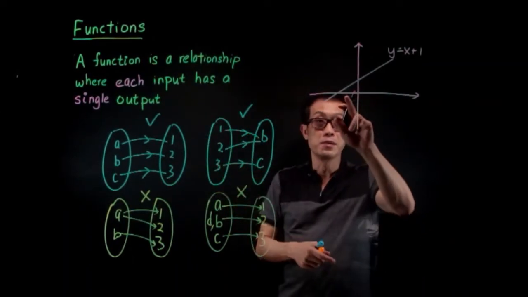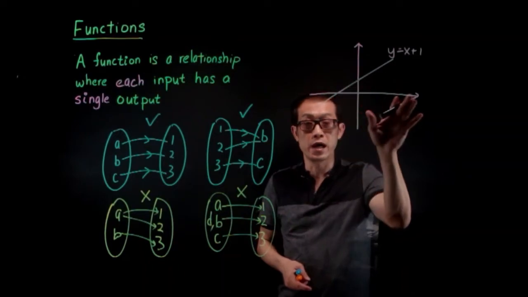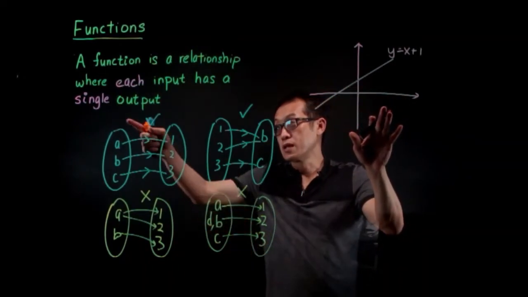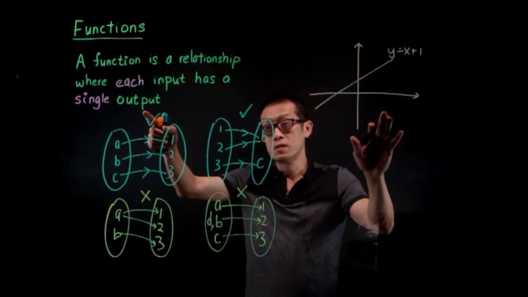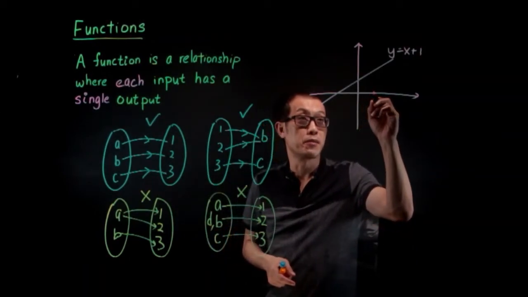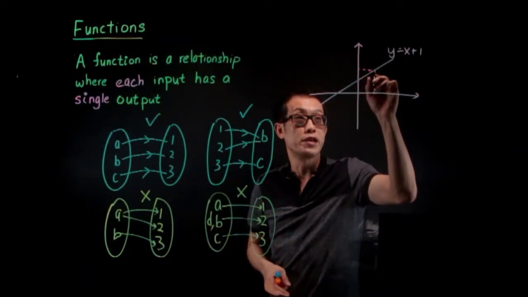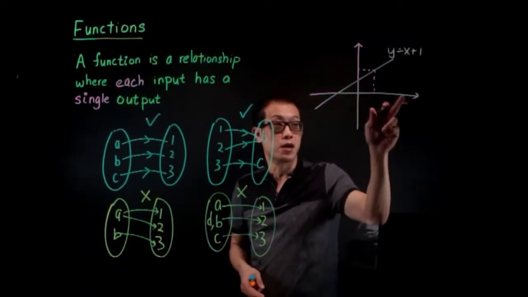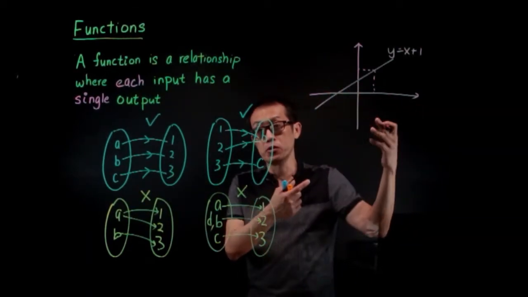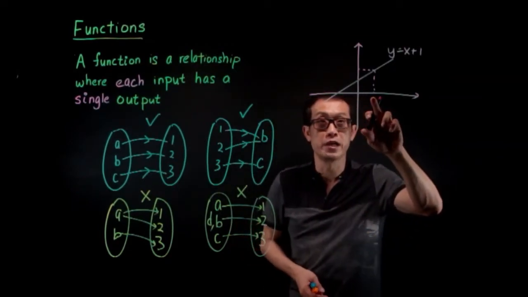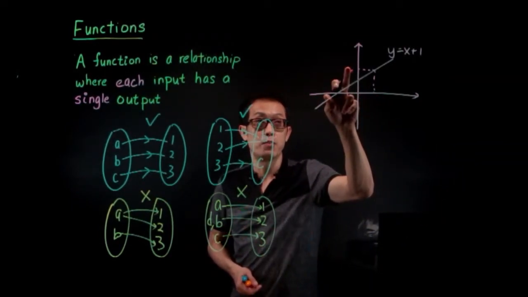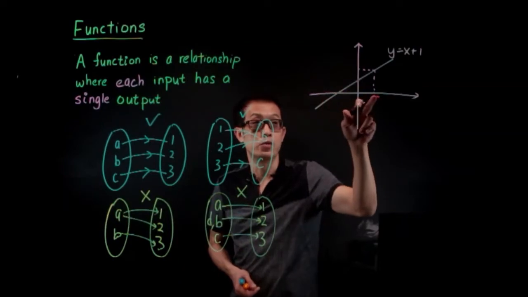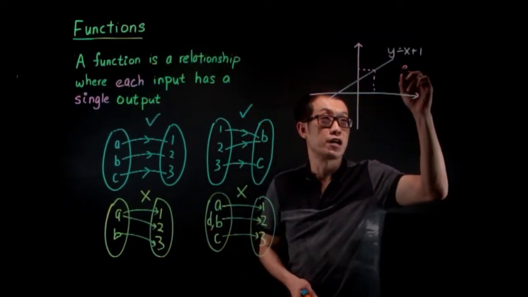Each input, the x-axis, is the input. Does it have an output? Yes, every object is mapped onto an image. The input is called the object, the domain. Every object has an output, only one output. So this is a function.